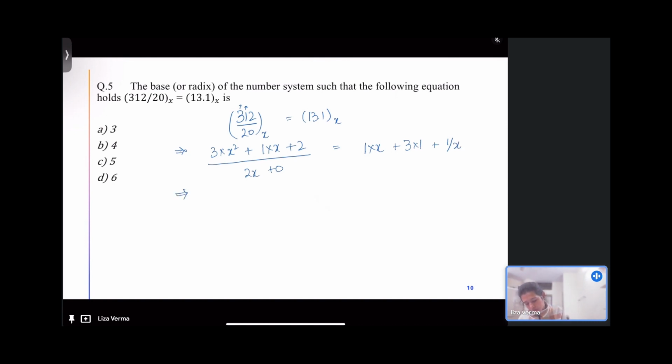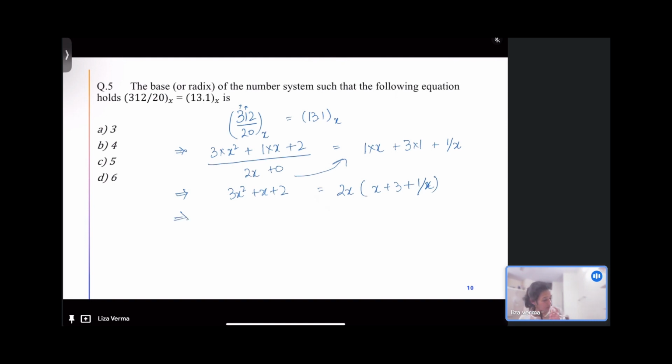So this will be 3x square plus x plus 2 equal to, we'll take 2x here, 2x multiplied by x plus 3 plus 1 by x.